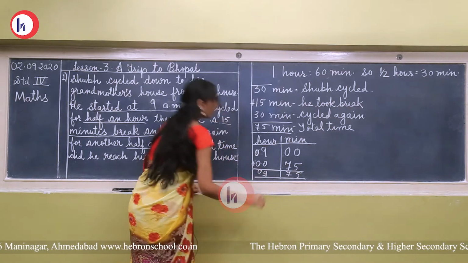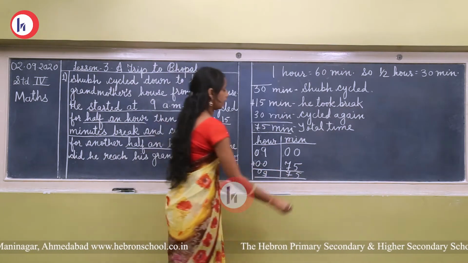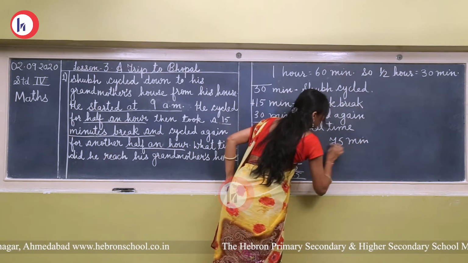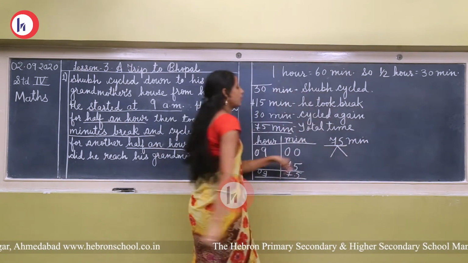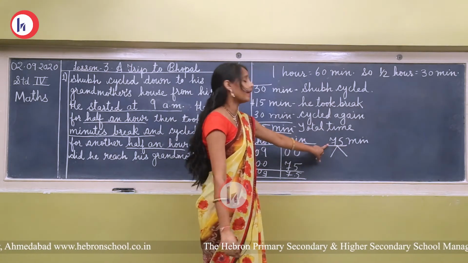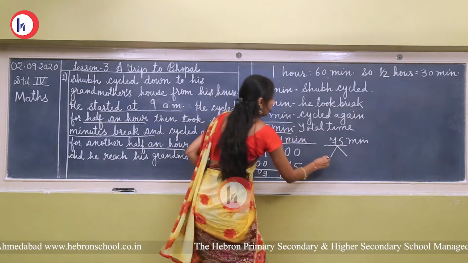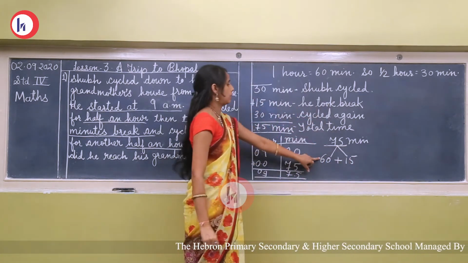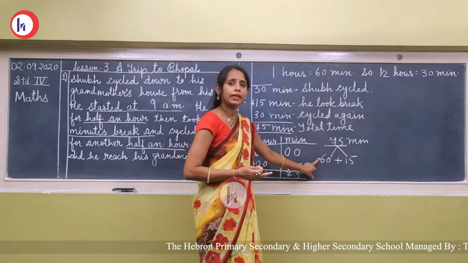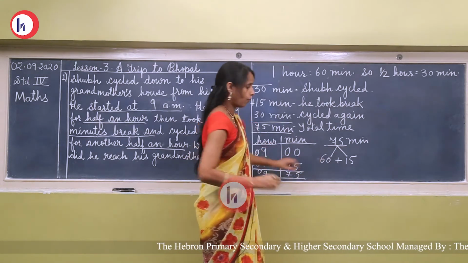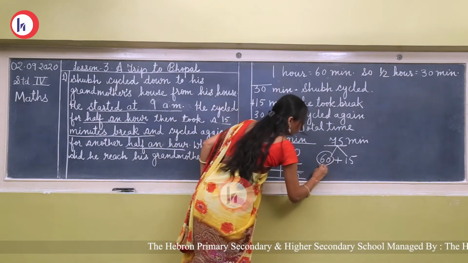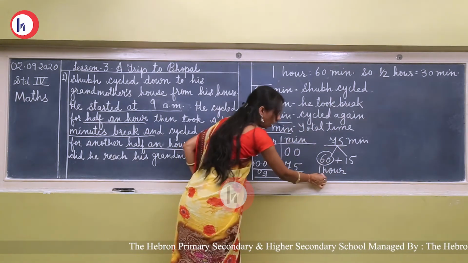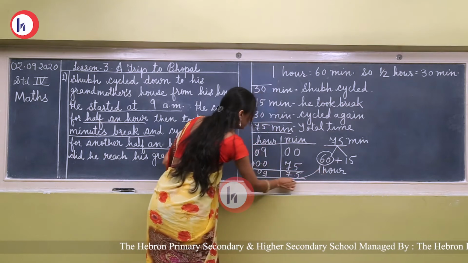Now see, 9 hours 75 minutes. We can't write it as 75 minutes, so we have to separate it: 60 minutes plus 15 minutes, because when 60 minutes are complete it is called 1 hour. So this will be converted into 1 hour, and this 1 hour will be added to 9.